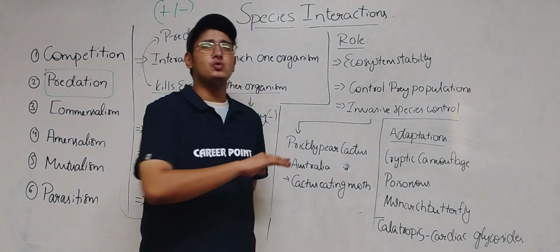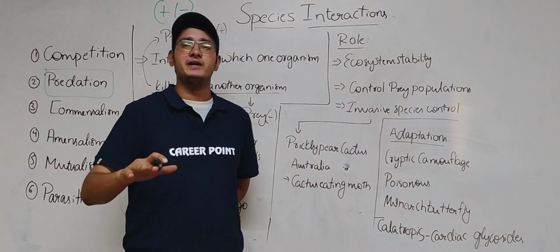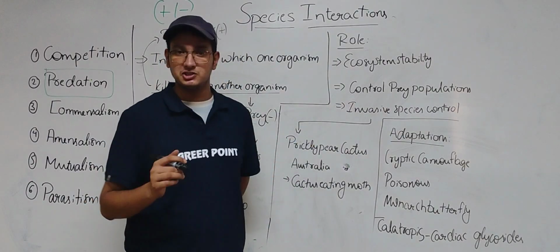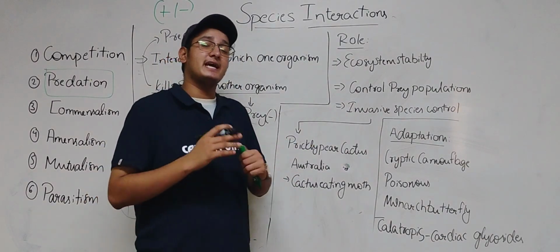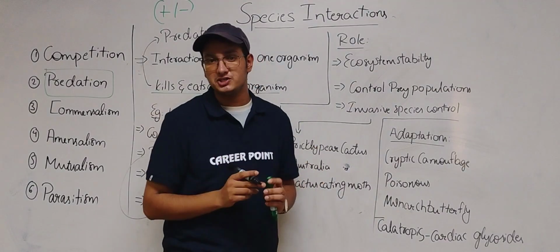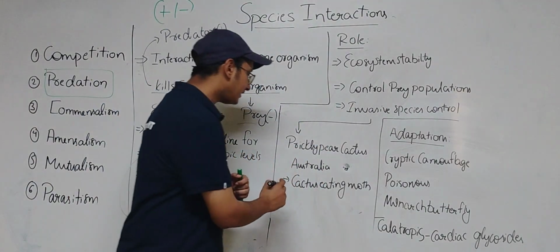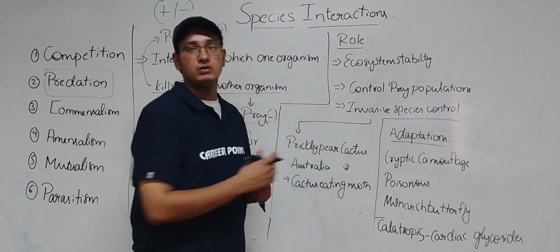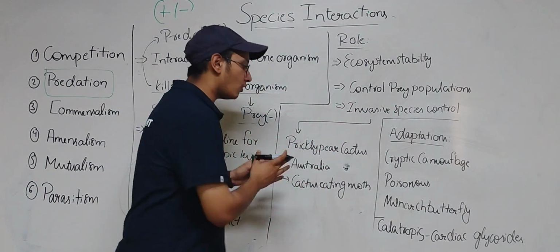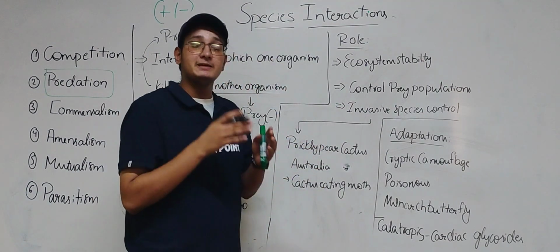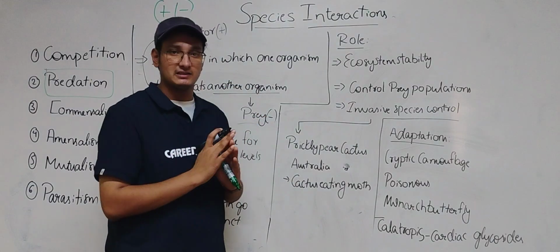Soon it became widespread. So the government came up with an initiative to eradicate it, and they used a cactus-eating moth. This moth feeds on the cactus and prevents its growth.